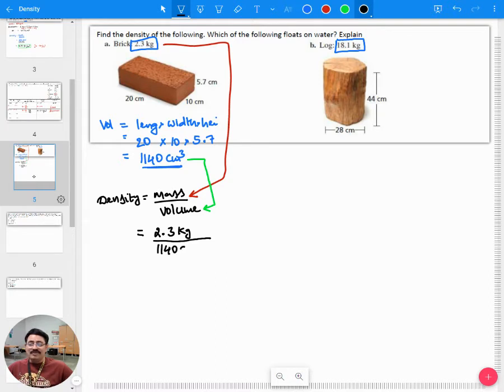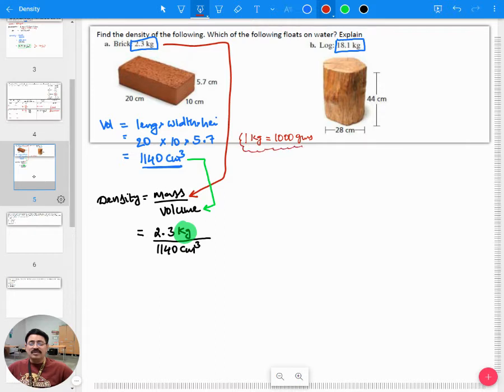1140 cubic centimeters. Please notice that the tricky part here is the units. Earlier we computed grams per cubic centimeter, but here kilograms are there. Then how to compute in grams? I hope you remember that 1 kilogram equals 1,000 grams.